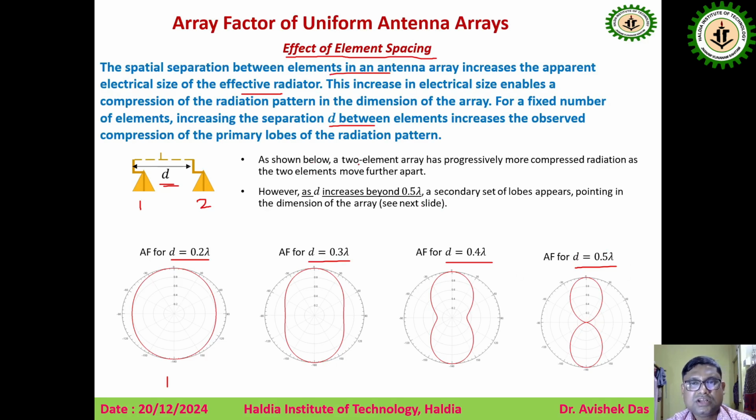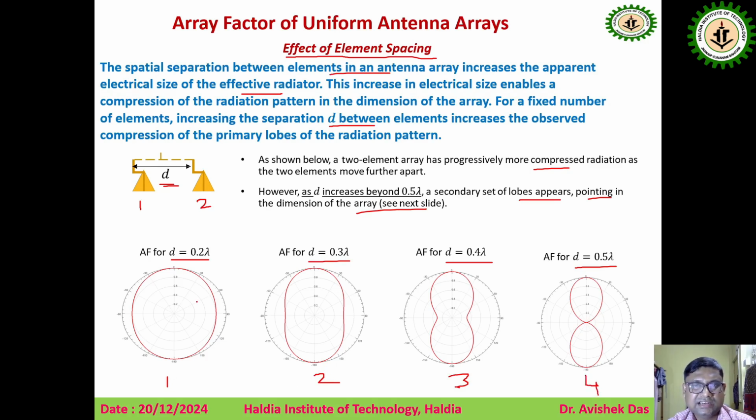As shown below, the two-element array has progressively more compressed radiation as the two elements move further apart. However, when d increases beyond 0.5, a secondary set of lobes appears pointing in the dimension of the array. Here this one is figure 1, this one is figure 2, figure 3, and this one is figure 4.